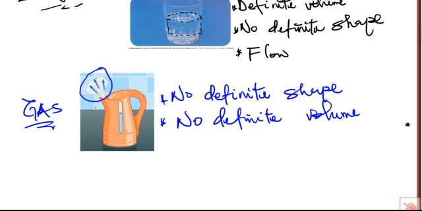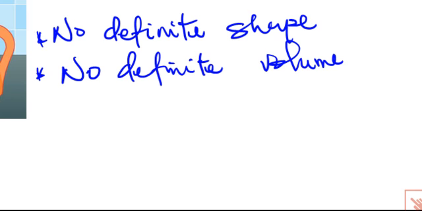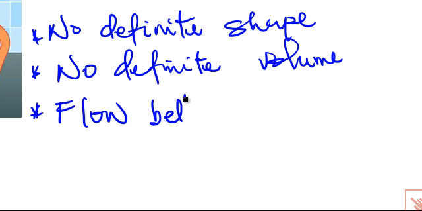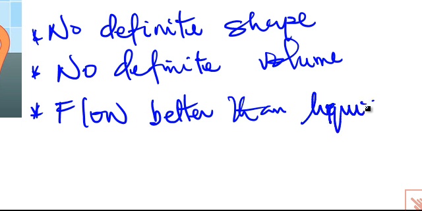So you take up the shape of any container you put it in, and it expands to occupy any available space that you put it in. And also just like liquid, gas can flow as well. It can even flow better than liquid.